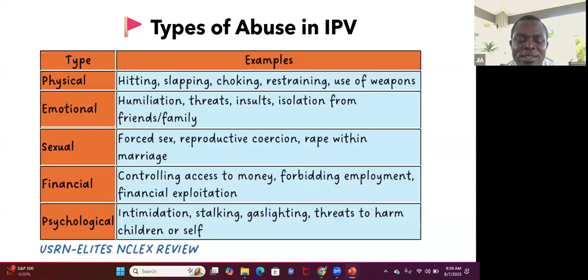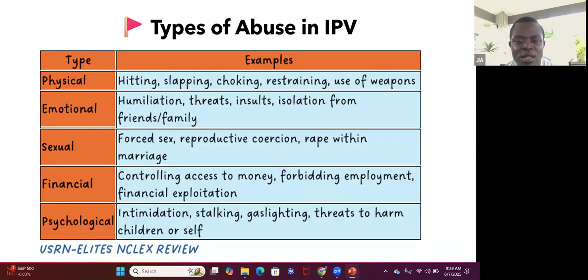They want to exploit the other partner. It can be from male to female or female to male, whichever. They control access to money, as if you have a small baby whom you are taking care of. They sometimes even forbid them from working. All these are examples of financial abuse.